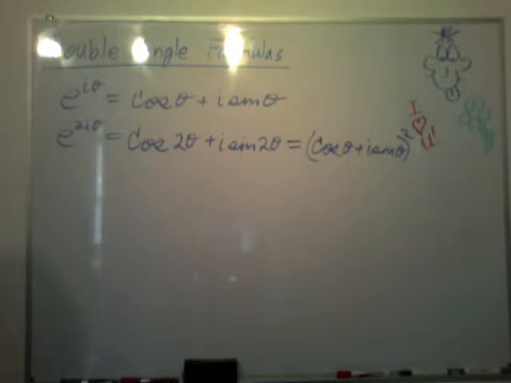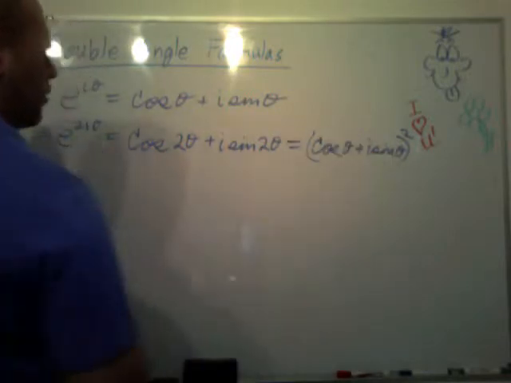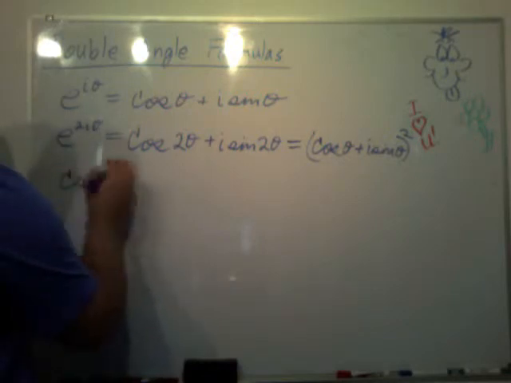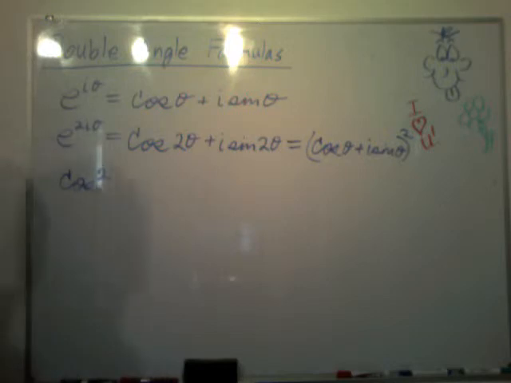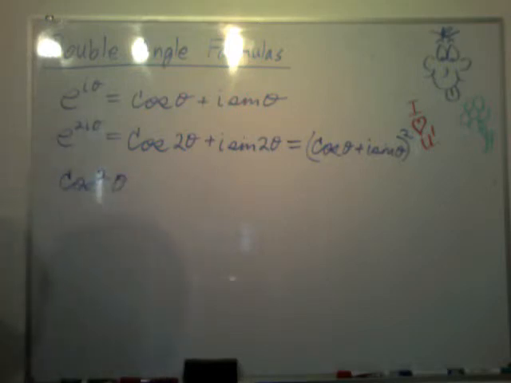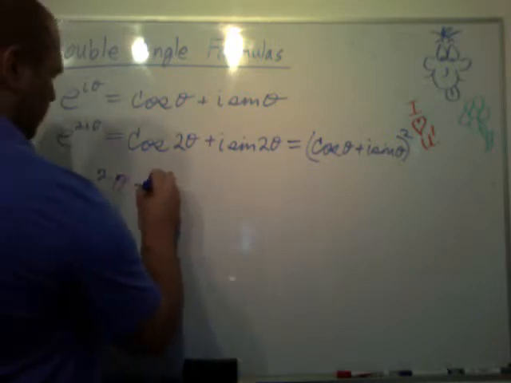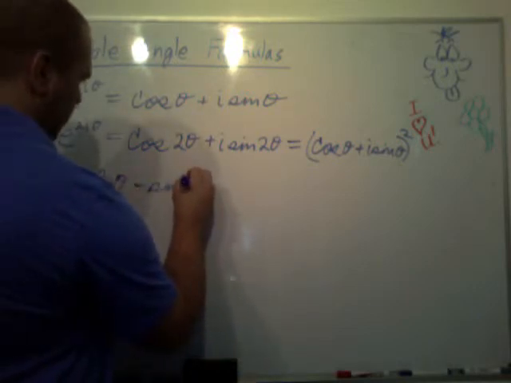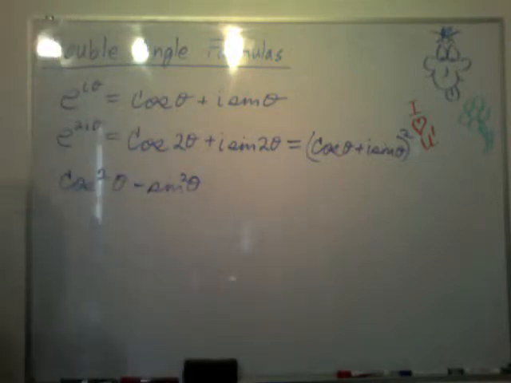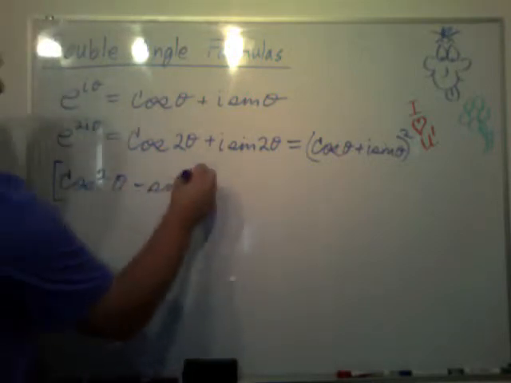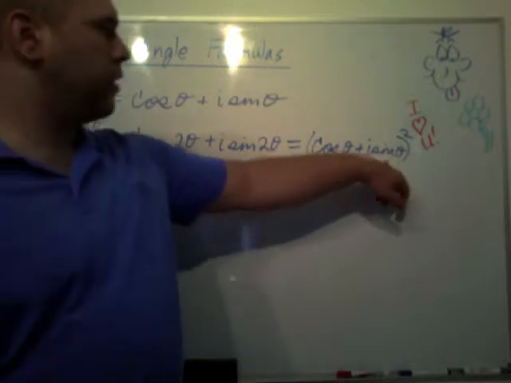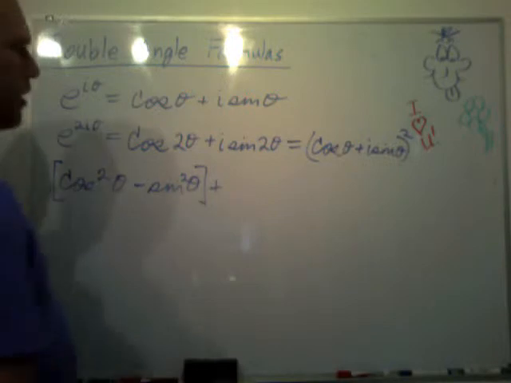And so, if we go ahead and expand this right over here, we have, for our real part, cos squared theta, right? Minus sine squared theta. And for our imaginary part, what do we have? We have cos theta times i sine theta taken twice.